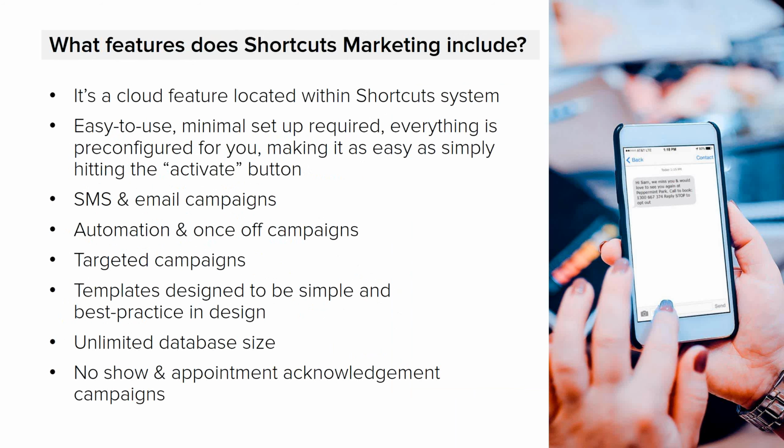One is for no-shows. So when you change a status of someone's appointment to a no-show status, it can automatically generate out an SMS or email to say, hey, you had an appointment with us today. What happened? And also an appointment acknowledgement as well. So that's when you're making a booking into the Fusion database or into your cloud appointment book, an appointment acknowledgement email or SMS can be sent to the client to say, hey, just confirming your booking with your business name, and these are your booking details.